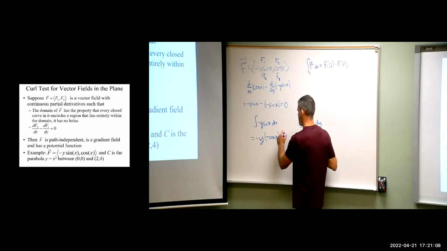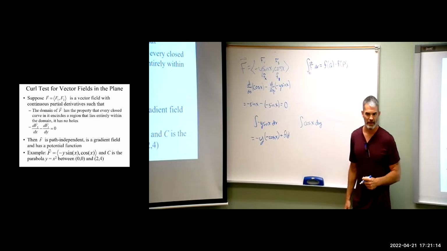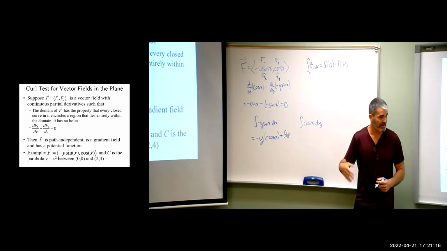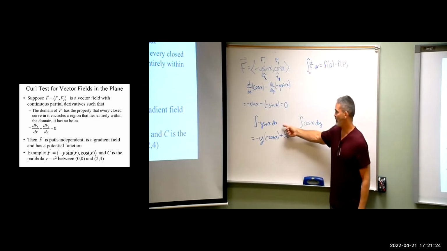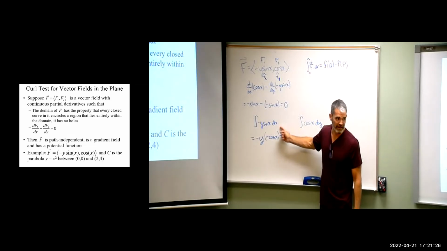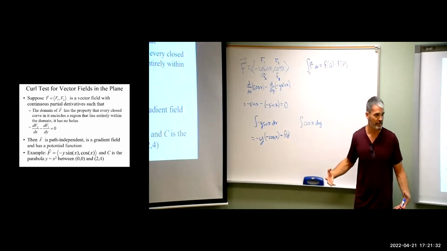So there could be some piece here that only depends on y. Does that make sense? Because when we took the derivative with respect to x, it would be 0. Just like when we take the derivative of a constant is 0, we have to account for the constant when we go backwards. In this case, because I'm only doing an antiderivative with respect to x, I have to account for the fact that there could be a piece with respect to y that just went away.